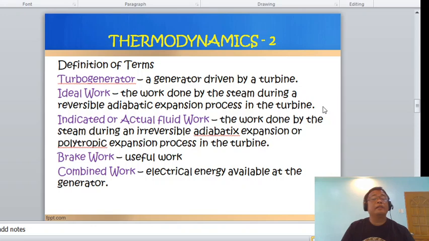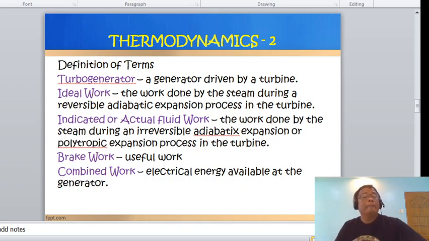We have here some definition of terms. Turbo generator: a generator driven by a turbine. Ideal work: the work done by the steam during a reversible adiabatic expansion process in the turbine. Take note, class, reversible, meaning isentropic expansion.